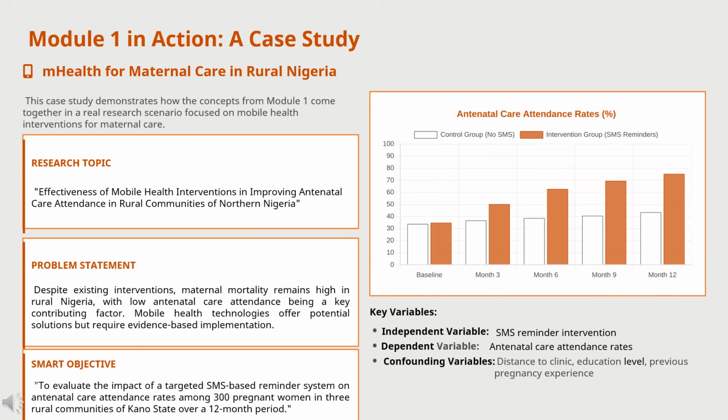Then other confounding variables like distance to clinic, education level, previous pregnancy experience will also influence both the independent and dependent variable. So this case study demonstrates how each element we've discussed in Module 1 contributes to a cohesive and impactful research proposal.